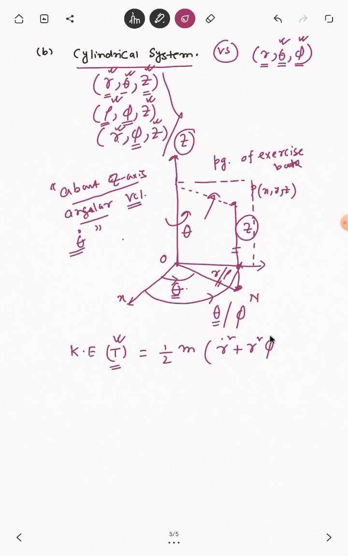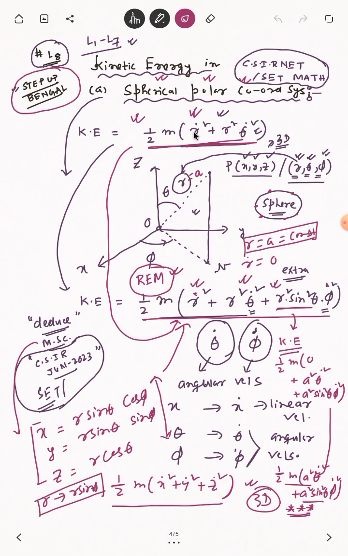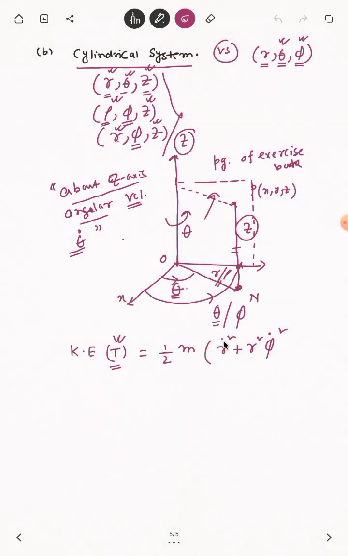Just very similar. Look at the fact, this is r dot square plus r square theta dot square, a similar result: r dot square, r square phi dot square plus z dot square. But from the CSIR point of view, we would like to make it r dot square plus r square theta dot square plus z dot square.